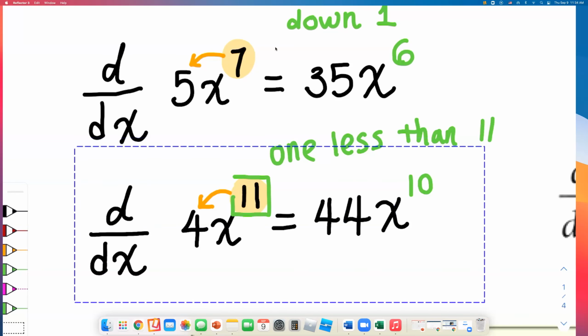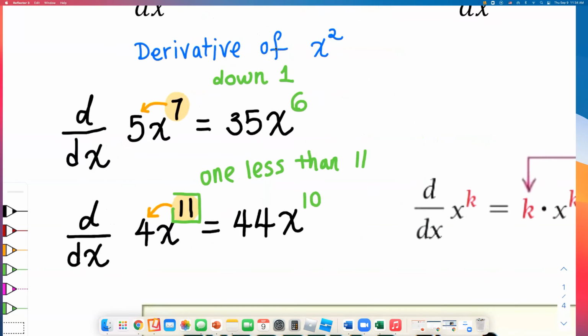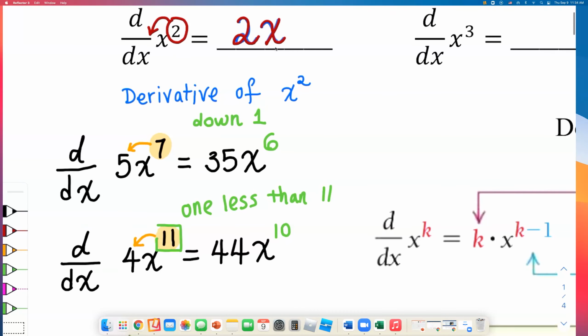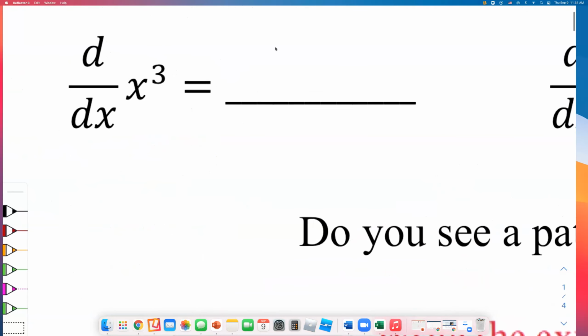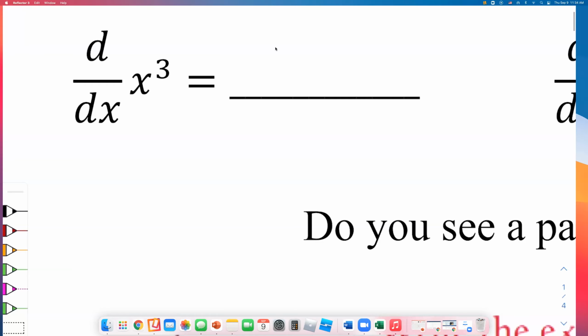And if we can do this, we do not have to do the limit definition of derivative, like using the quotient rule, and not quotient rule, I apologize. What was it called? Difference quotient. So let me do a couple more examples in this video, and then I will summarize the rule for you. Next one. Find the derivative of x to the 3rd power. You bring down this exponent to the front.